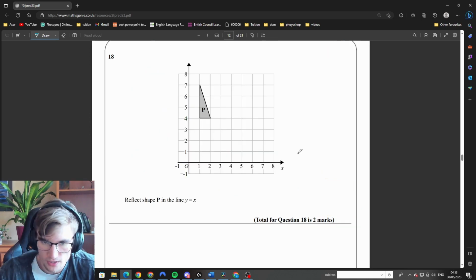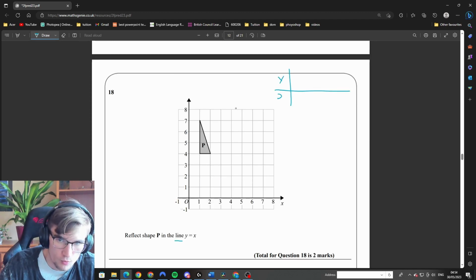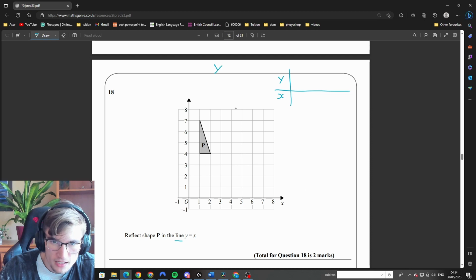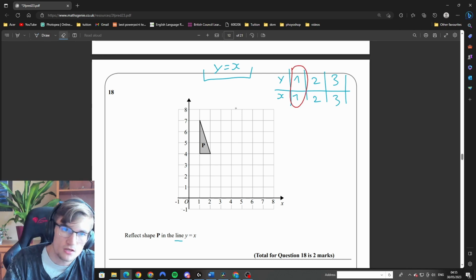Okay, and now reflect shape P in the line y equals x. Do you know what line this is? y equals x? So I'm just going to do my y and x values. That y equals x. What's my x if y equals 1? Yeah. What's x when y equals 2? Yeah. What's x when y is 3? Yeah, just the coordinates.